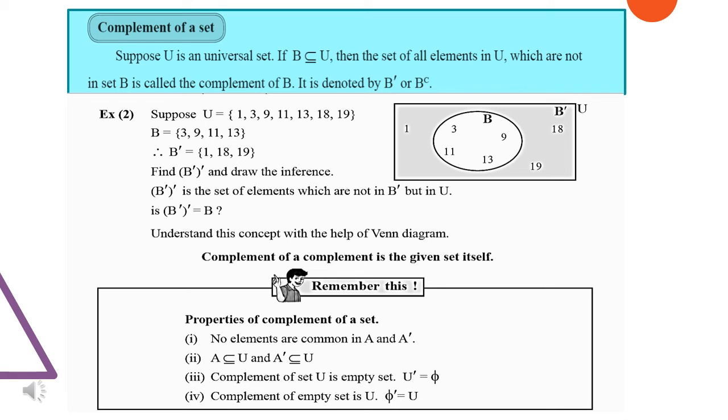So you will never have any element repeating in both the set and the complement of the same set. A is a subset of U, and A dash means the complement of A will also be a subset of U. Complement of the universal set is an empty set. Complement of an empty set is a universal set, so it is reverse. Clear?